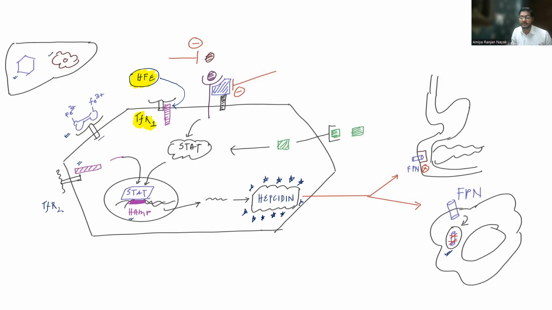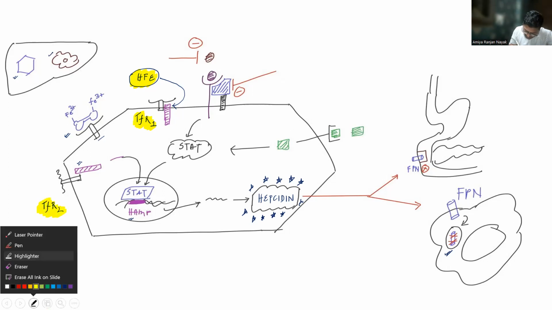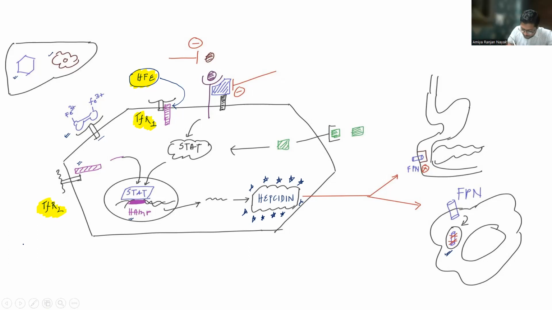It has a different function. What is that different function? Whenever the holotransferrin is attached to transferrin receptor 1, this will cause release of the HFE molecule. Now this HFE molecule can come and bind to the transferrin receptor 2. Once it is bound to transferrin receptor 2, they can give signal to produce more and more hepcidin.